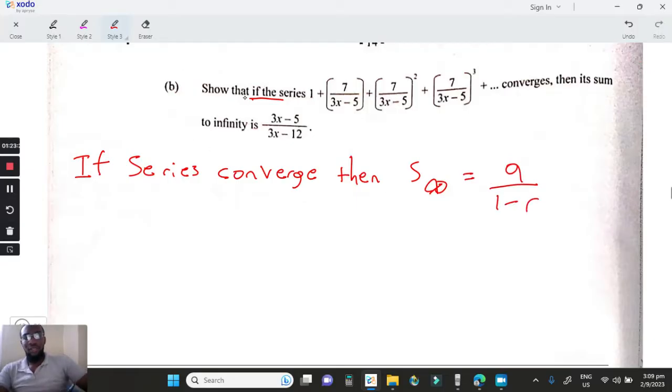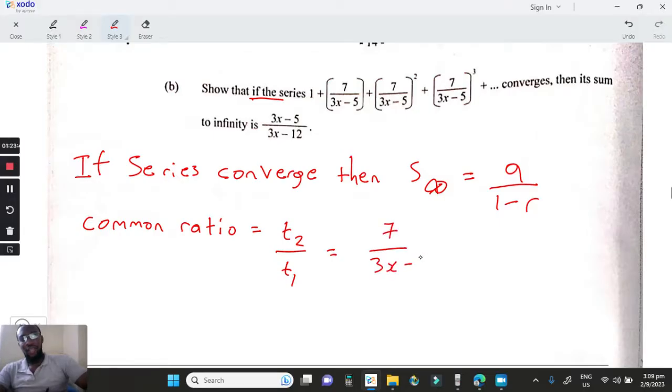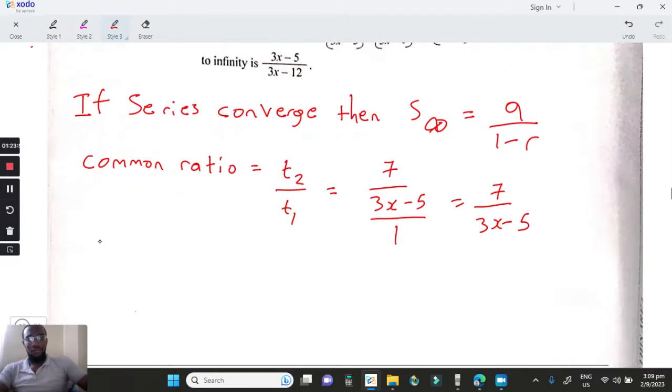So now we need to find what r is. The common ratio is equal to the second term divided by the first term, which is 7 over 3x minus 5 divided by 1, which is 7 over 3x minus 5. And for the first term, a is 1.